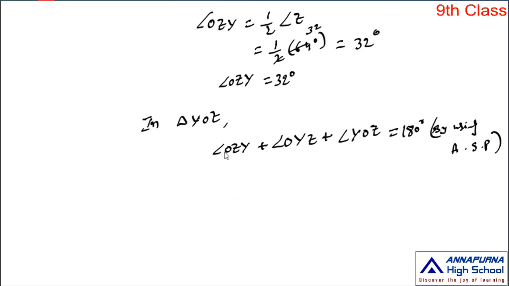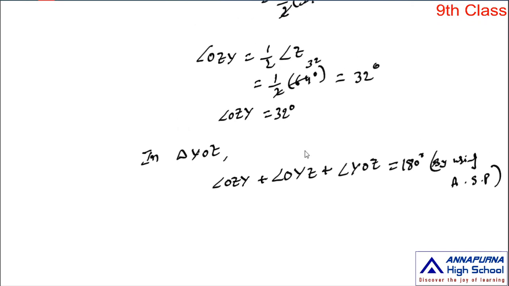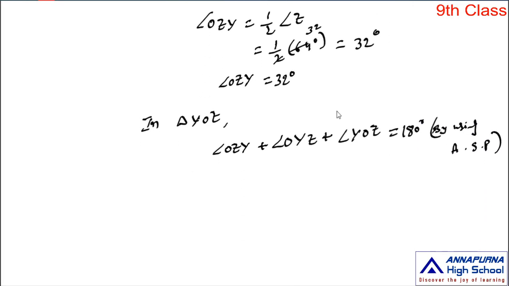Substitute angle OZY is equal to 32 degrees and angle OYZ is equal to 27 degrees. Angle OZY is equal to 32 degrees plus angle OYZ is equal to 27 degrees plus angle YOZ is equal to 180 degrees.